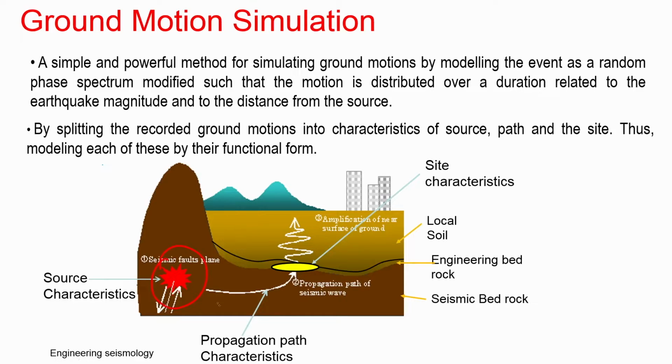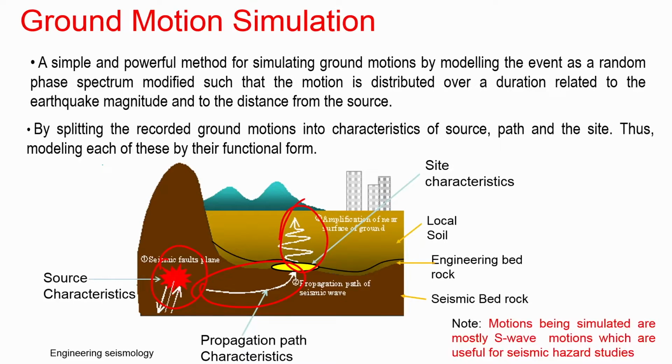The second is the path characteristics, and the other one is the site characteristics. By solving what happens here, we understand the attenuation characteristics, seismic moment, corner frequency, and cutoff frequency. By solving all these equations separately and clubbing them together, you can get what a typical event waveform looks like at the surface. That is what the simulation model does basically.